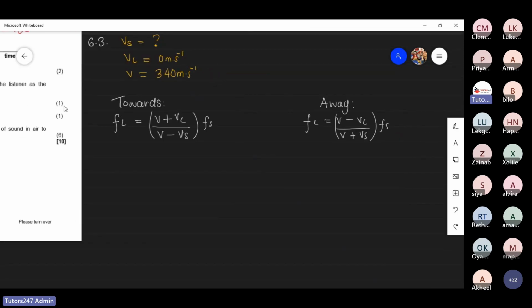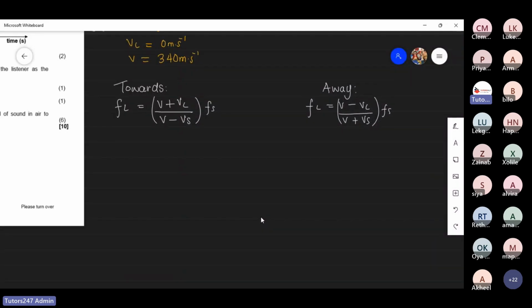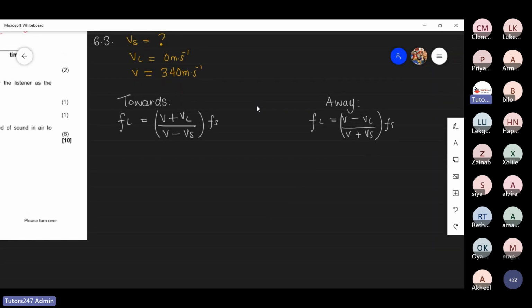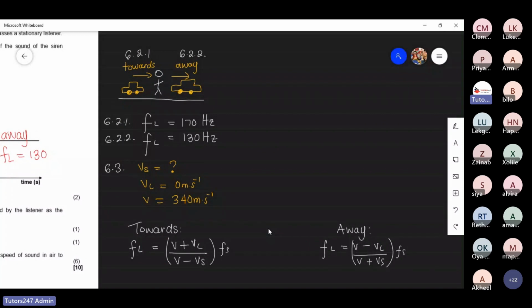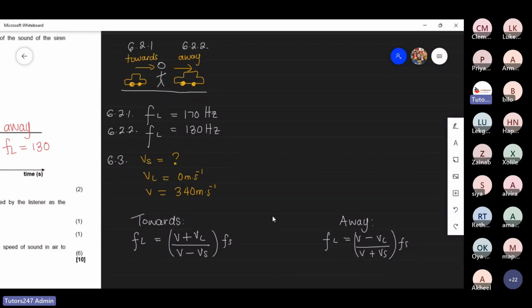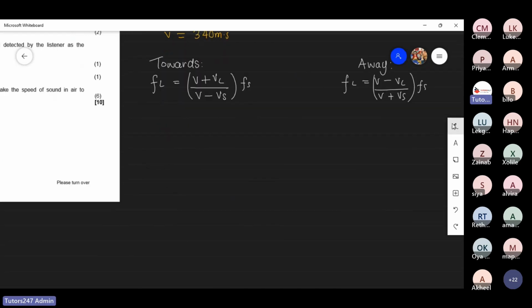Let us now start by substituting into our first equation, which is our towards equation. Our first value is FL. If we notice, we've got two FL values, 170 and 130. But I made a note on the diagram that 6.2.1 represents towards. So because we are using the towards equation, we are going to use the value of 170 for our formula.